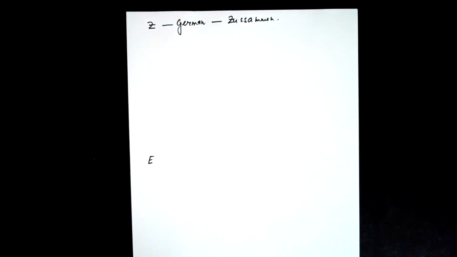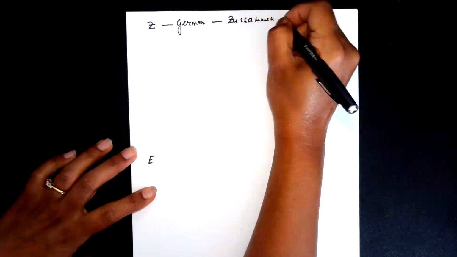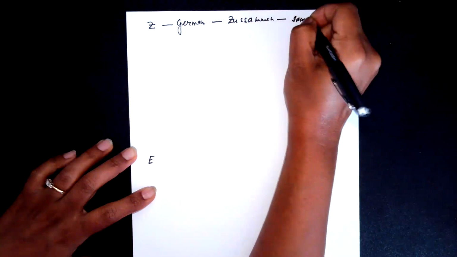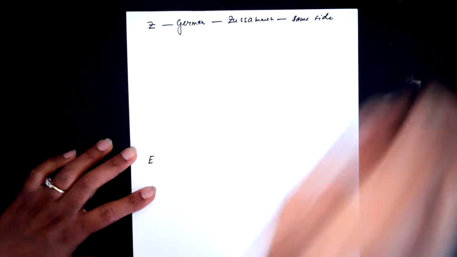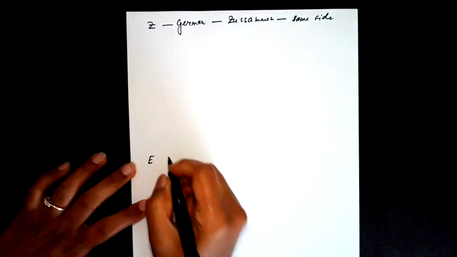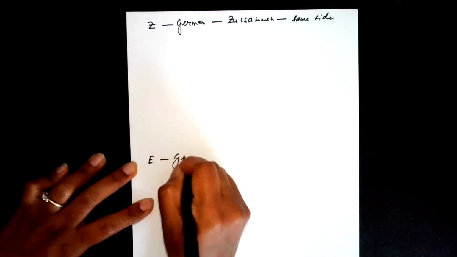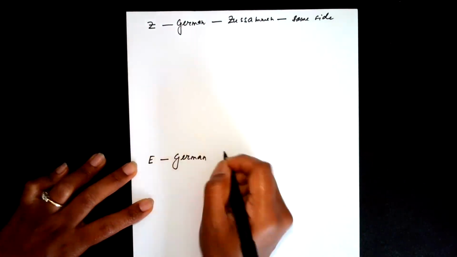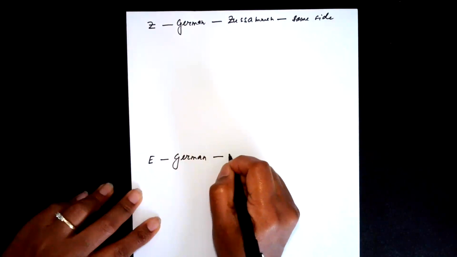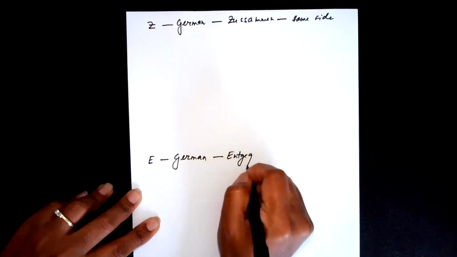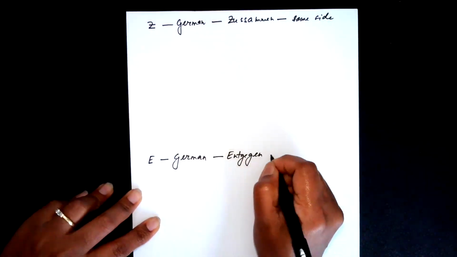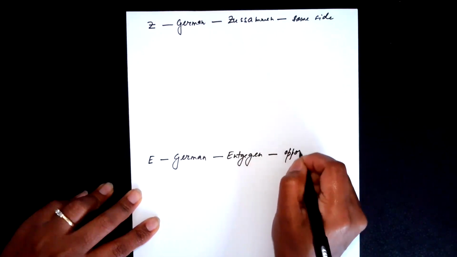It's a German word, zusammen, which means same side. E is also a word of German origin, entgegen, and this just means opposite side.